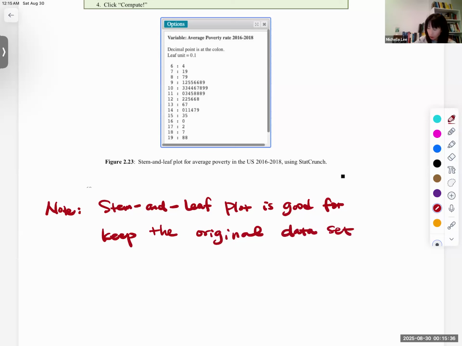What does this mean? If we see the stem and leaf plot, we know the original data set, like 64, 71, 79, 87, 89, 91, 92, 95, 95, 95, 96, 96, 98, 99, right? We know the original data set.